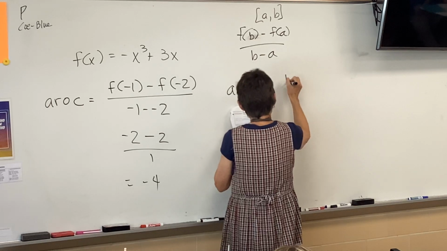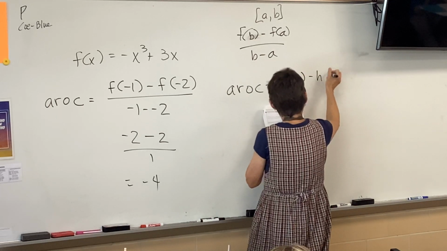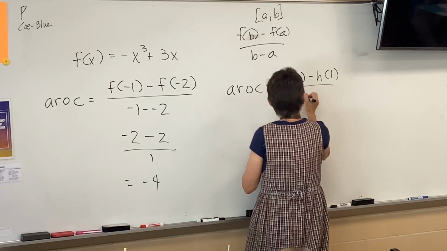Write it out, so it'll be h of 4 minus h of 1 over 4 minus 1.